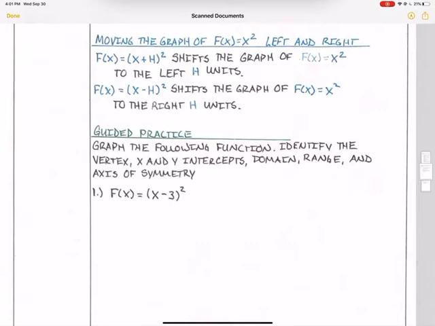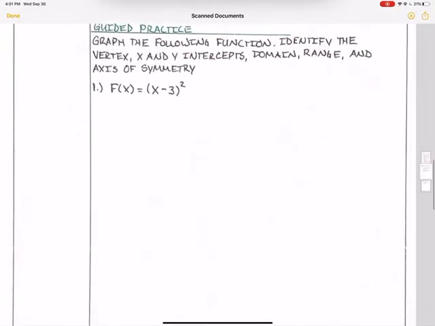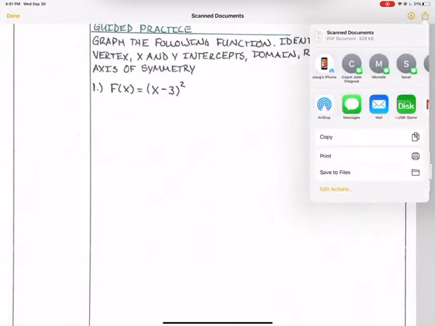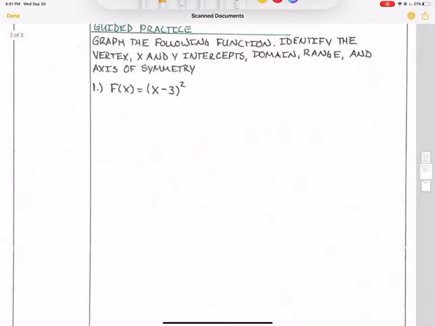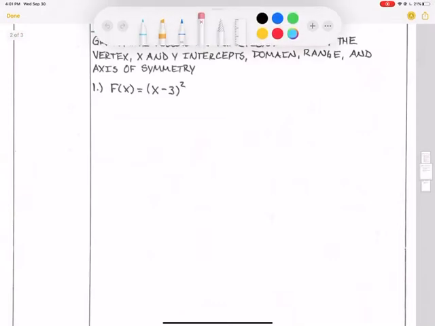So first of all, we're going to graph this function. We're going to identify the vertex, the x and y intercepts, the domain and range, and the axis of symmetry. So we do have a bit to get done here. So the first thing I want to understand is f of x equals x minus 3 squared. This x minus h tells me that it's going to shift to the right.